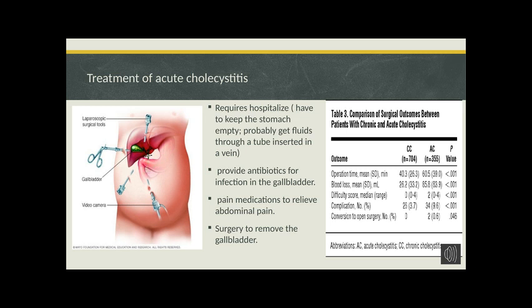Antibiotics are provided for infections in the gallbladder. Pain medicine relieves abdominal pain or other different pain that patients suffer, and the doctor sometimes suggests surgery to remove the gallbladder.